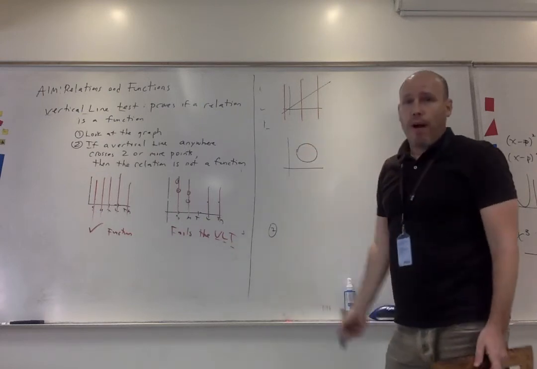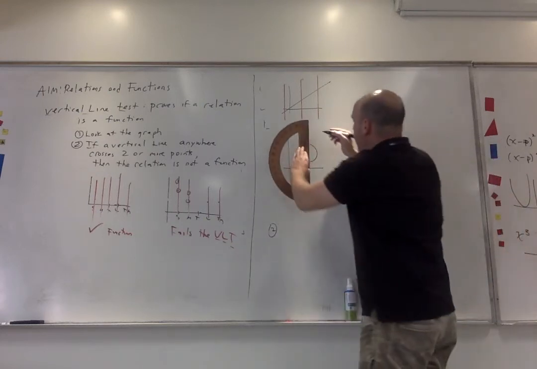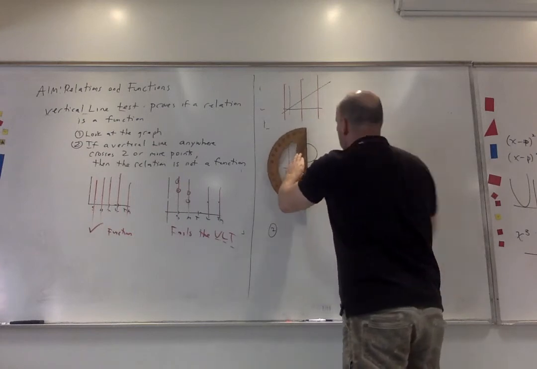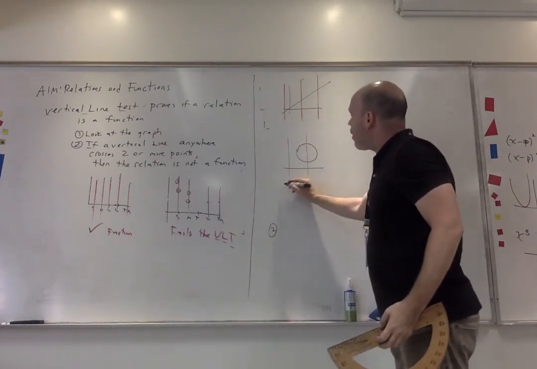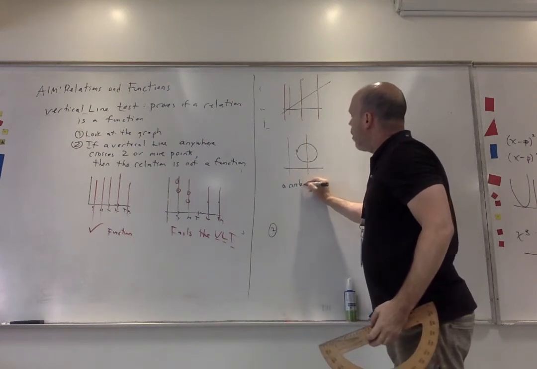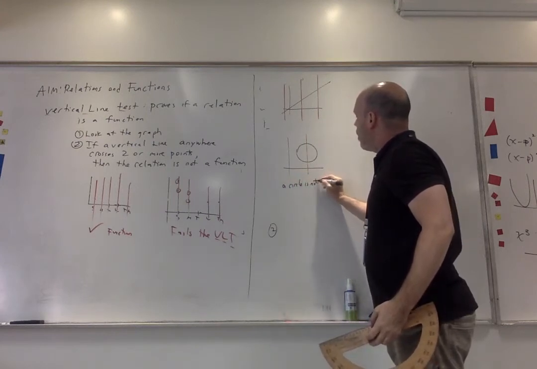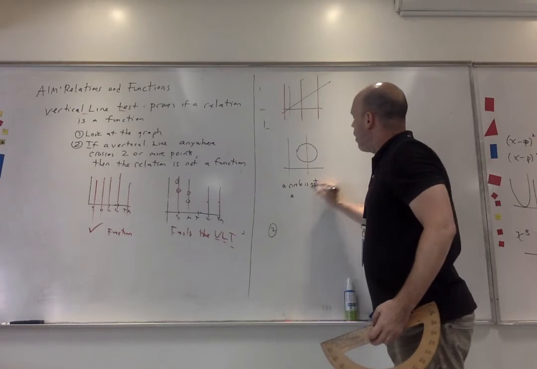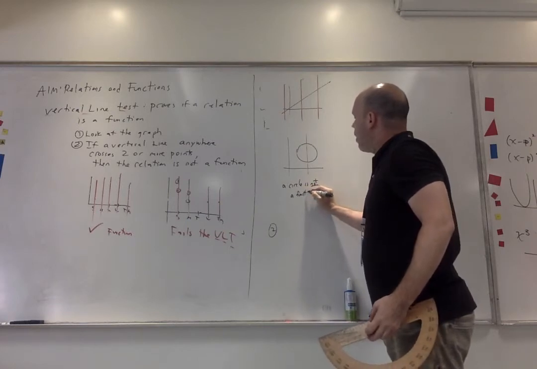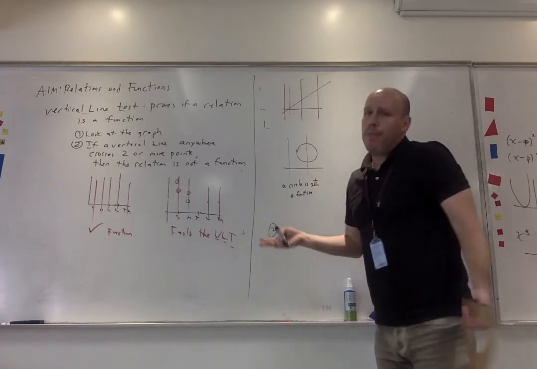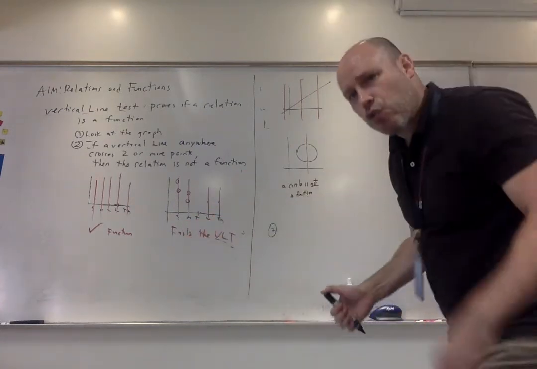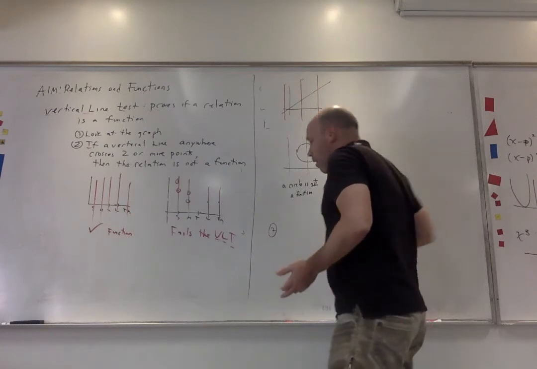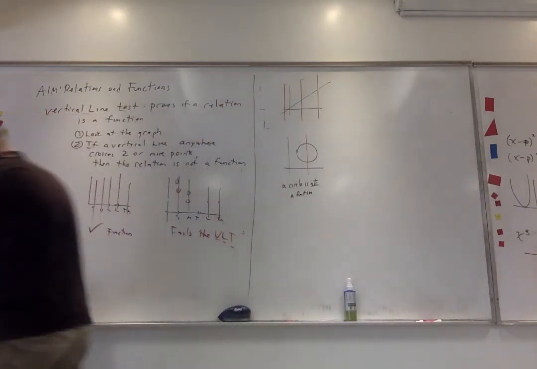Is a circle a function? The answer is no, because it fails the vertical line test. So a circle is not a function. It's going to be important. Circles are important. They're just not a function. And we'll see over the years why this is a problem. Okay, let's move on.